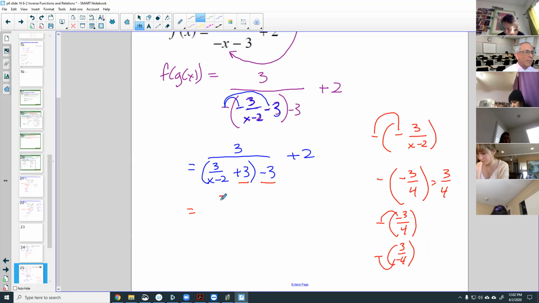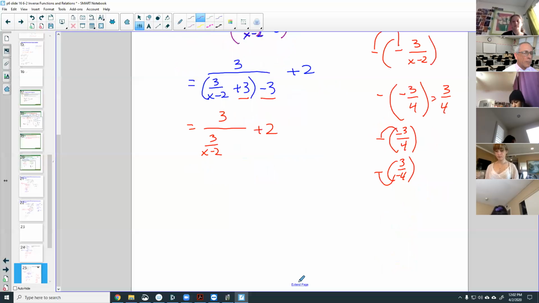So now I'm going to have 3 divided by 3 over x minus 2 plus 2. Is that okay with everybody? I'm not distributing this minus 3. It's just a subtraction. So I have a plus b minus c. I don't really need the parentheses. There's no multiplication going on there.